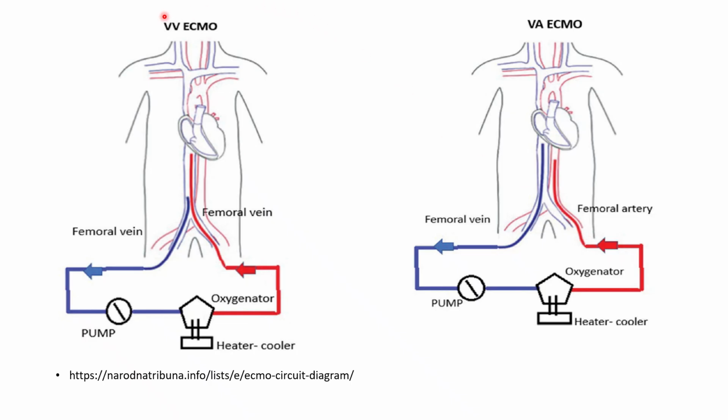We should note the naming of the ECMO, for example VV. The first letter is the drainage. The second letter is the return. So if I say VV, the drainage is vein and the return is vein. If I say VA ECMO, the drainage is vein and the return is artery.